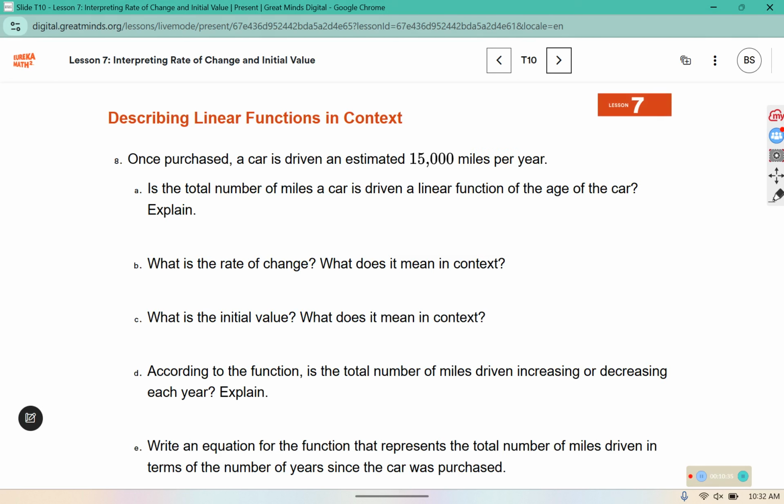Once purchased, a car is driven an estimated 15,000 miles per year. Is the total number of miles a car is driven a linear function of the age of the car? Explain. If it follows this pattern, then we could say yes, it is linear.